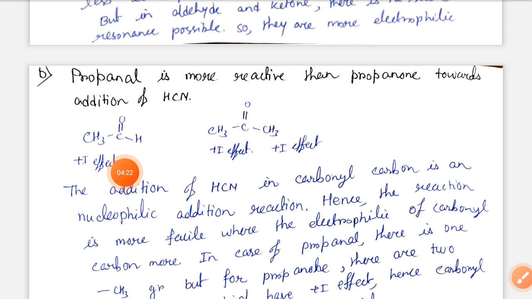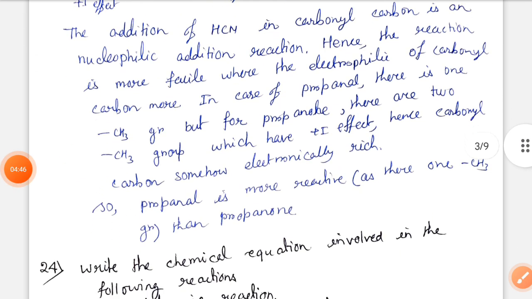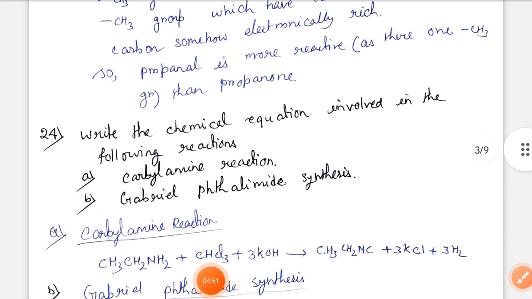In case of propanal, only one CH3 group is present, but in the other case two CH3 groups are present. CH3 group has a plus I effect. So in propanone this carbon is less electrophilic in nature, so it is less reactive, and propanal is more reactive. Okay, the description is given here.